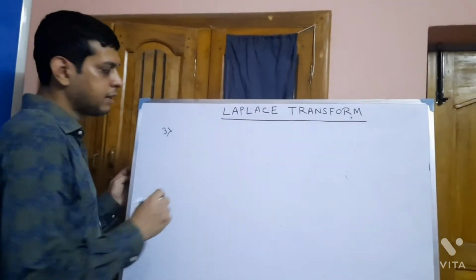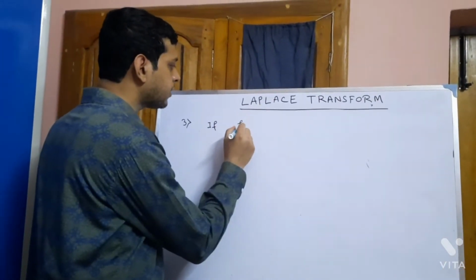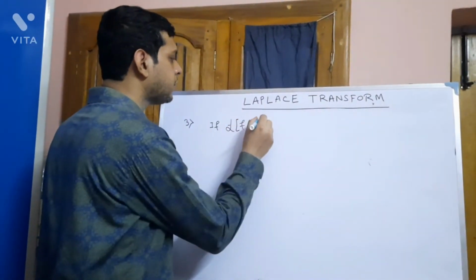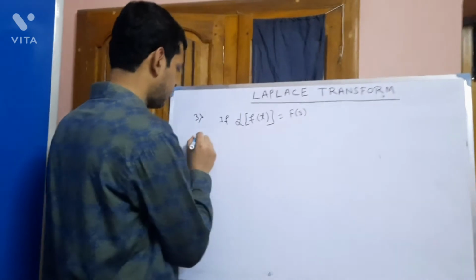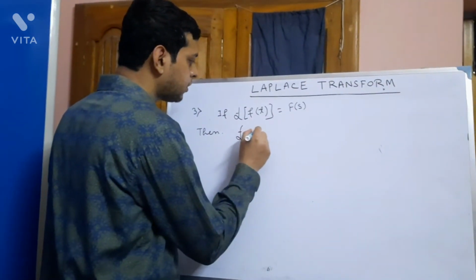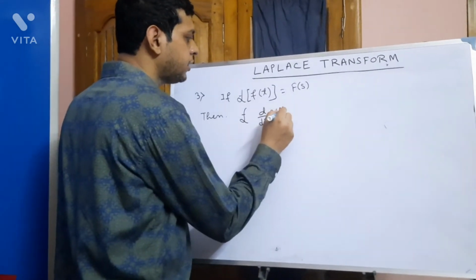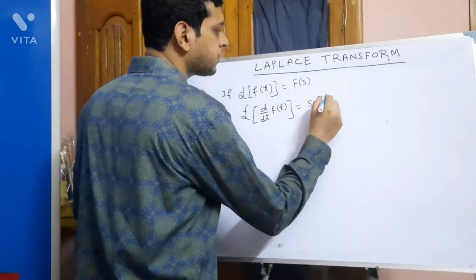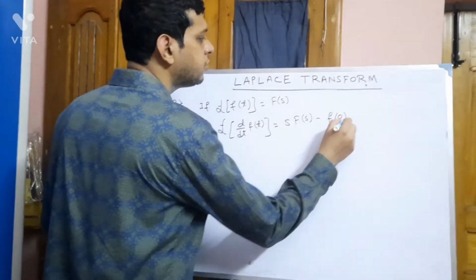Property 3 tells us that if f(t) and F(s) are Laplace transform pairs, that is, if the Laplace transform of f(t) is equal to F(s), then the Laplace transform of the derivative of f(t), or d/dt of f(t), is equal to sF(s) minus f(0).